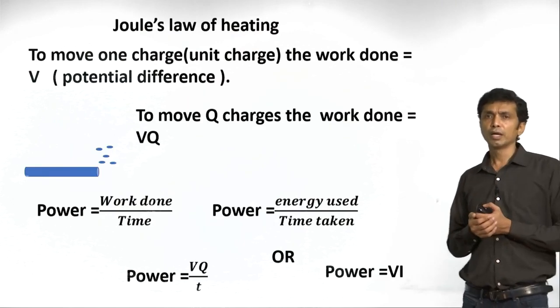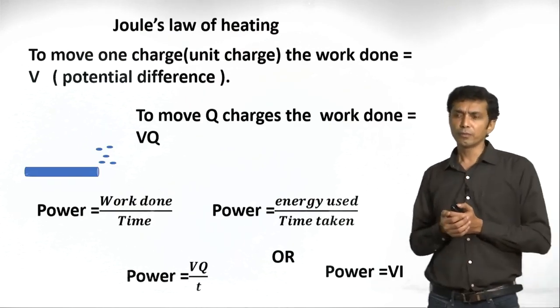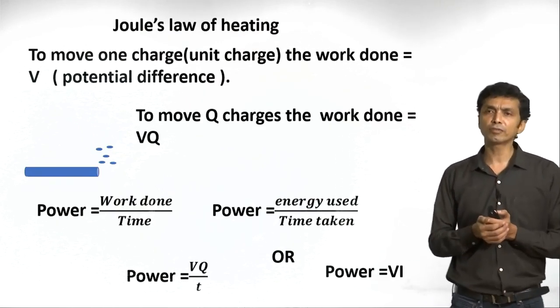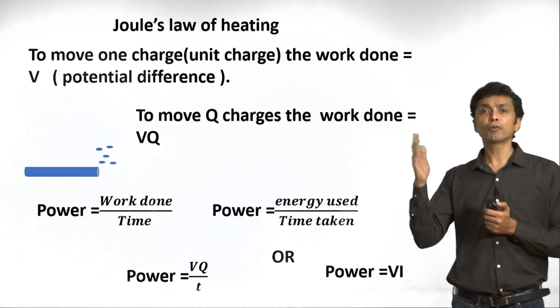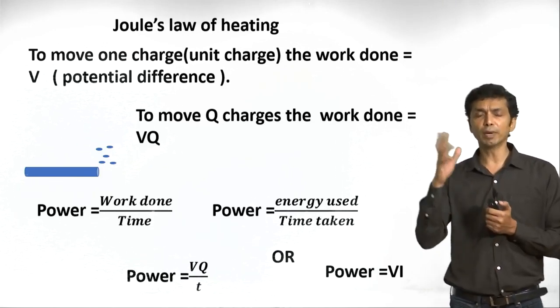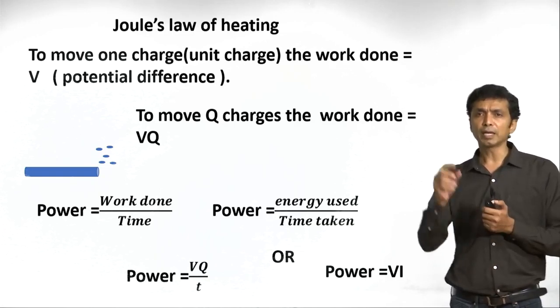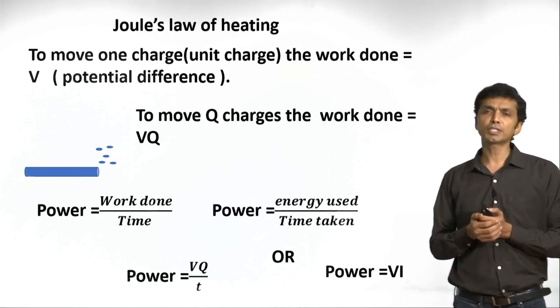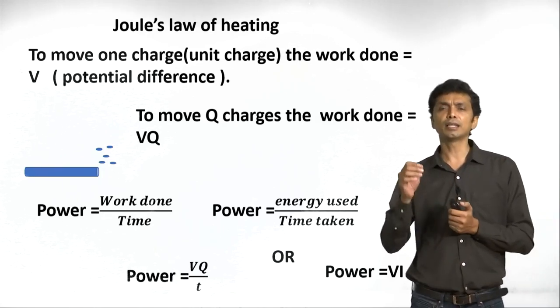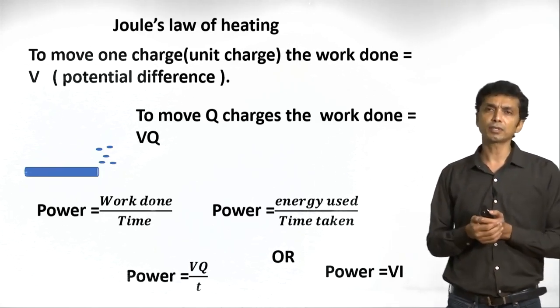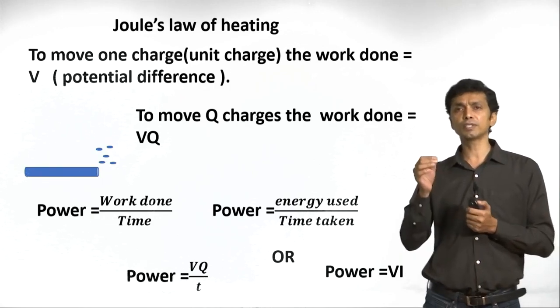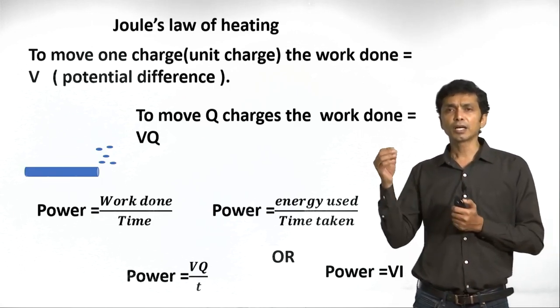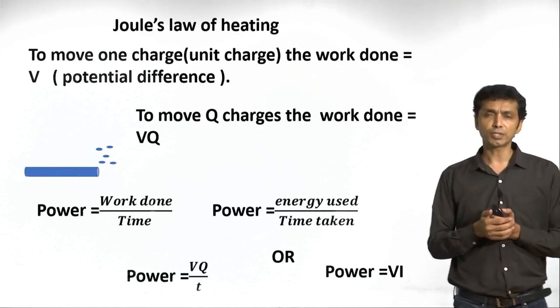Now, before going to Joule's law, we have a lot of applications of the heating effect of electric current. If you take the example of a bulb, the filament is made up of tungsten. The property which tungsten has is high electrical resistivity. Because the electrical resistivity is high, it avoids the flow of charges.